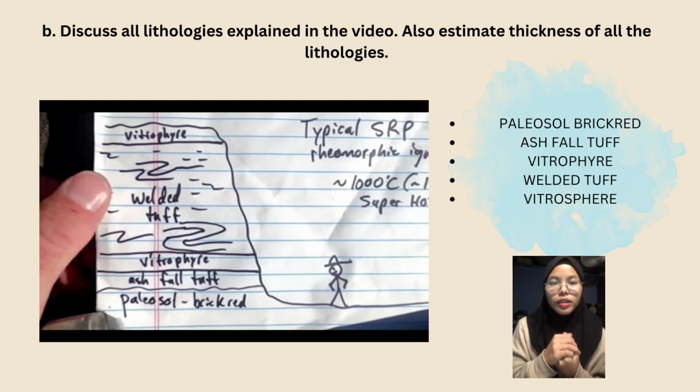Next, weathered tuff. Weathered tuff is rhyolitic and has a lot of internal folding in it.